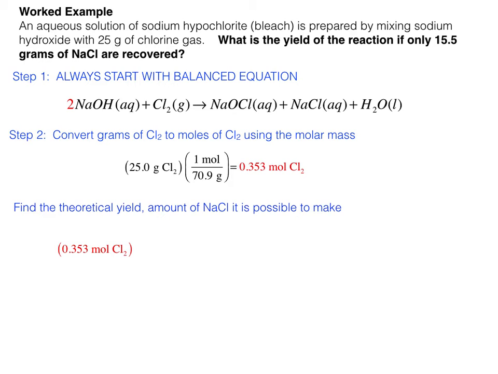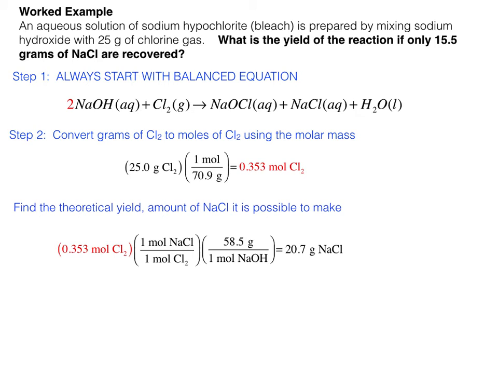We're going to multiply that by our mole to mole ratio from the balanced chemical equation. So 1 mole of sodium chloride is produced for every 1 mole of Cl2 that reacts. And here I'm just going to tack on our next expression. We could stop here and we'd get the moles of sodium chloride. But in the end we want mass, so I'm just going to go ahead and multiply by the molar mass of sodium chloride. Multiply that out and we find 20.7 grams of sodium chloride.